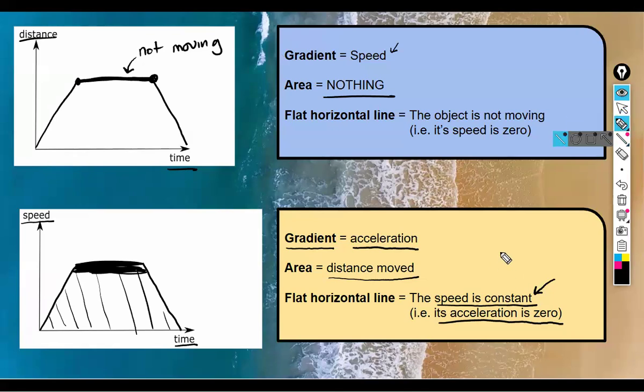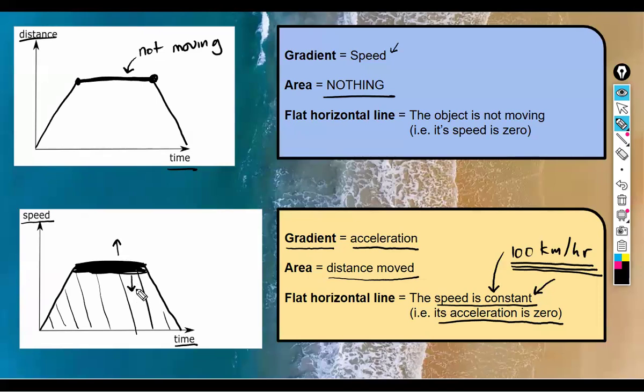Zero acceleration is when something is moving at a constant speed. In other words, it's not speeding up and it's not slowing down. For example, what's the speed limit on the highway? The speed limit on the highway is 100 kilometers per hour, right? If you are driving at exactly 100 kilometers per hour, it would look like a flat line on a speed time graph, because the speed is not getting higher and not getting what?